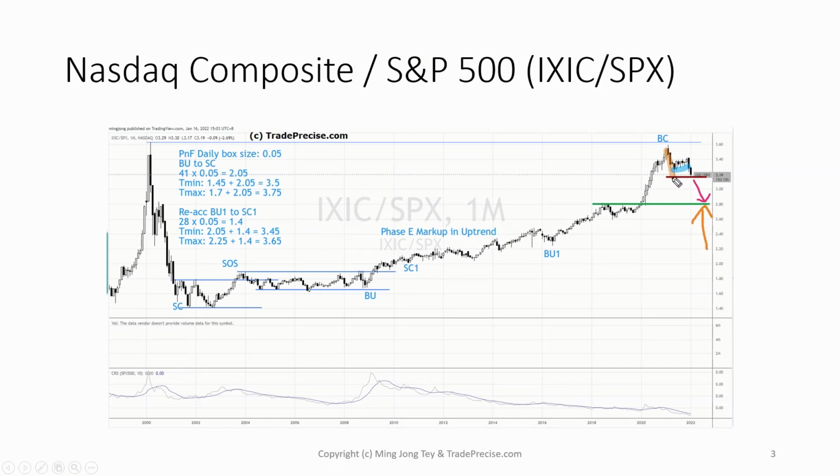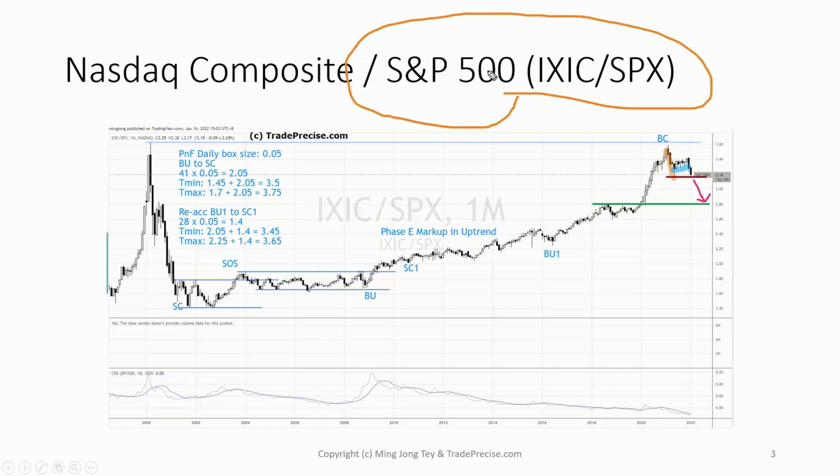Once it breaks below this immediate support, the next support will be somewhere around 2.8. At the moment this is kind of meaningless because this is a ratio chart. It really depends on how the S&P 500 and the Nasdaq will move. Certainly, this is the ratio between these two.